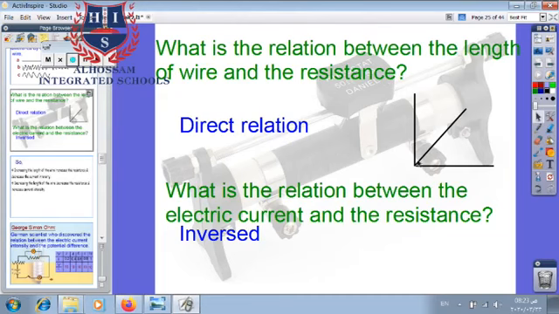We asked this question before. What is the relation between the electric current and the resistance? Yes, it will be inverse. The graph will be drawn like this. So, can you tell me what is the relation between the length of the wire and the electric current?